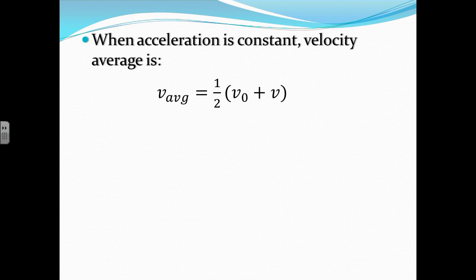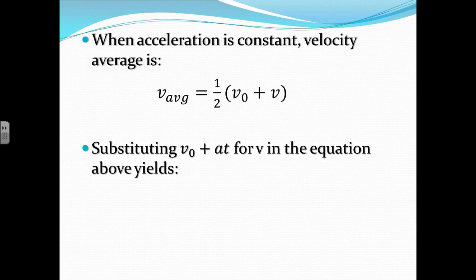Now prior we had solved for velocity being equal to velocity initial plus acceleration times time. So we want to substitute in for our velocity in the equation above this velocity initial plus acceleration times time. You can see that down below. I've highlighted it in red so you can see where the substitution took place. We've just replaced the velocity in the equation up above with velocity initial plus acceleration times time.